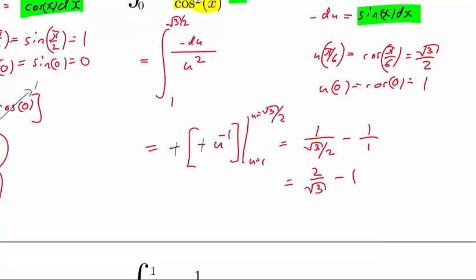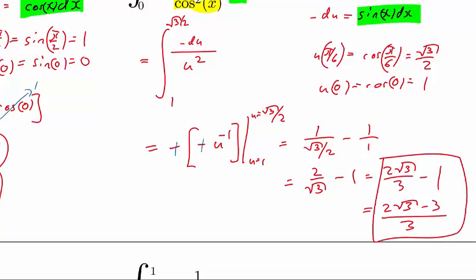We don't like that format, so it's going to be 2 root 3 over 3 minus 1. Okay, and that's a good answer. We can combine the fractions if we want, so that it'll be 2 root 3 minus 3 all over 3. That's also an acceptable answer. Either one of these would work.